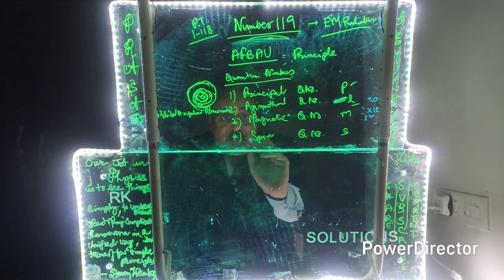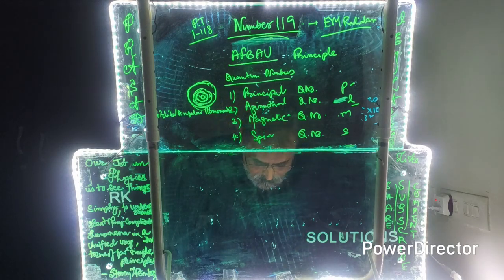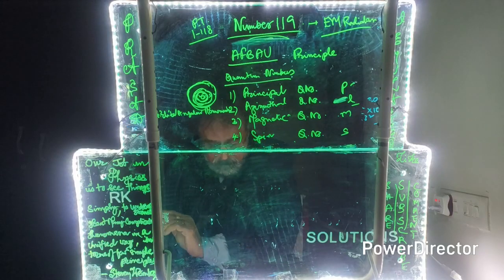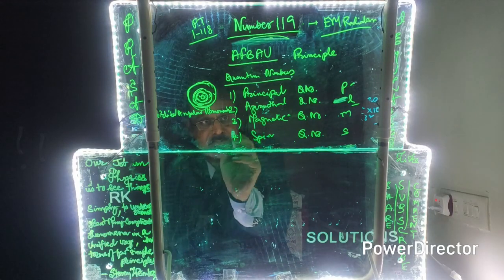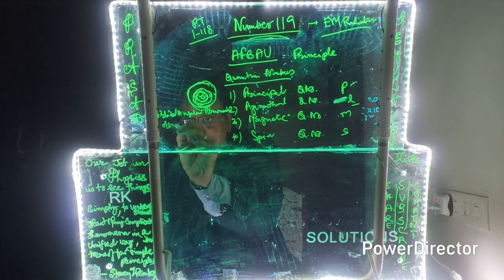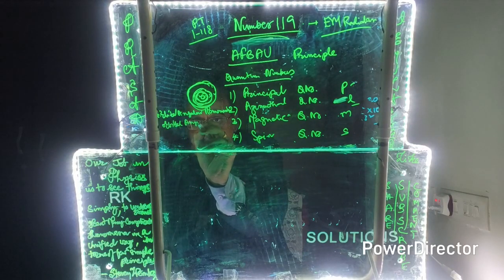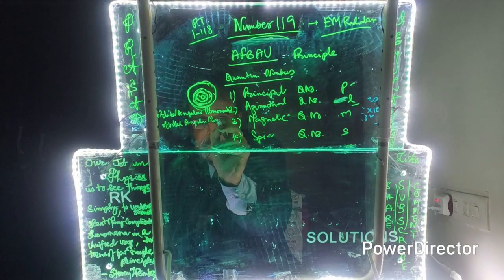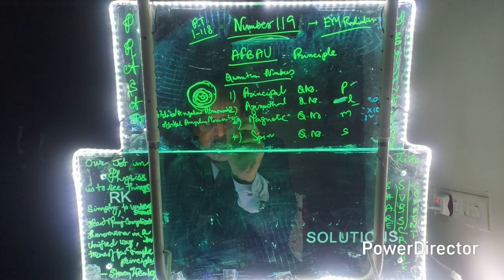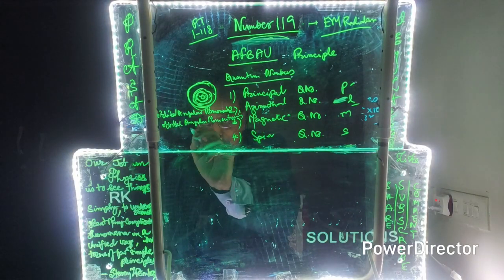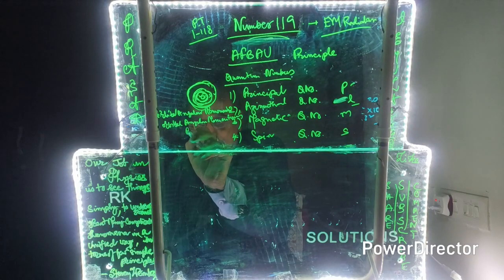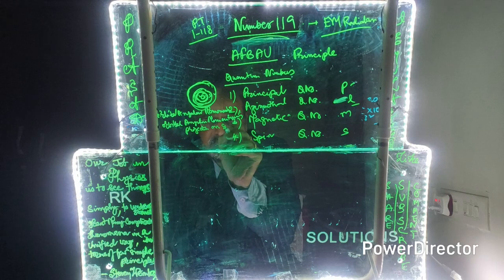And then the magnetic quantum number. Magnetic quantum number provides the orbital angular momentum's projection on a specified axis.